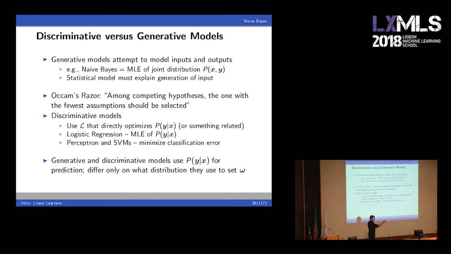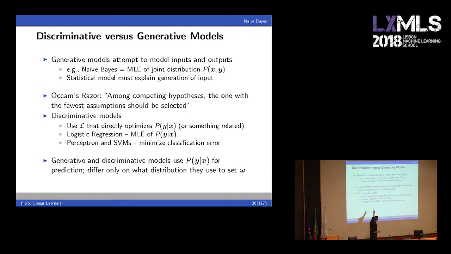The simplifying assumption is just applying Occam's razor, which means among competing hypotheses, the one with the fewest assumptions should be selected. If you have the choice between modeling a joint probability and a conditional probability, and at test time you only need the conditional probability, you shouldn't model the joint, but you should model the conditional, doing away with all of the advantages of the generative model of the joint probability. So just model the conditional.